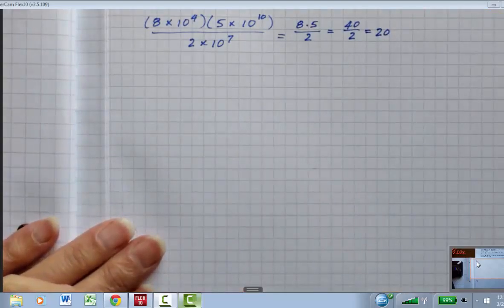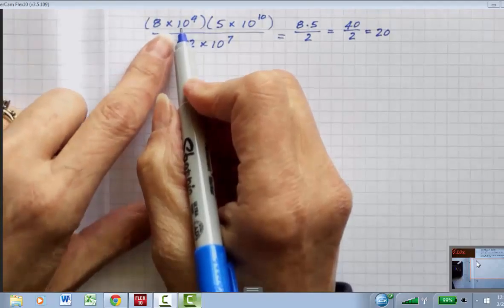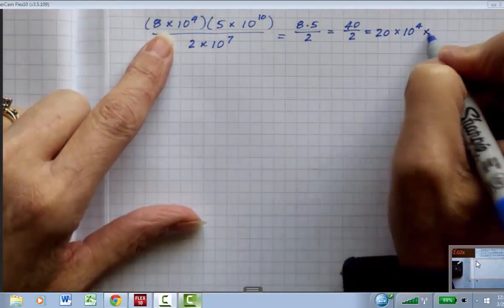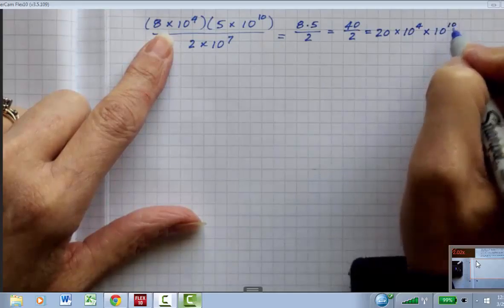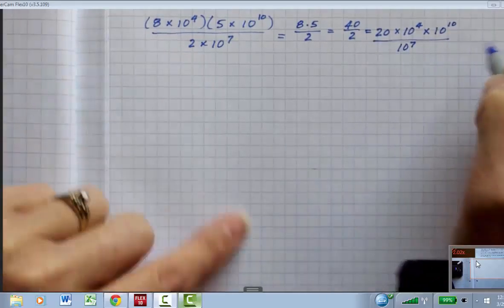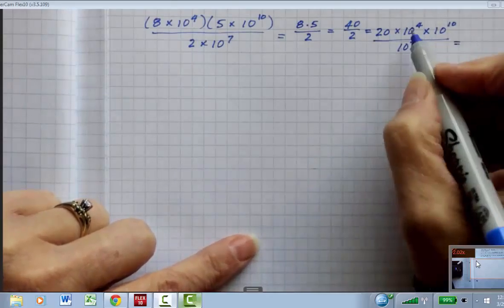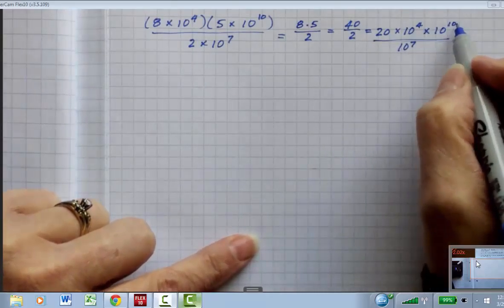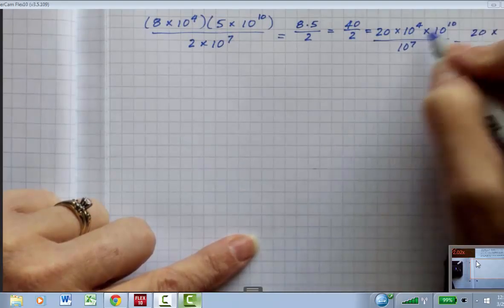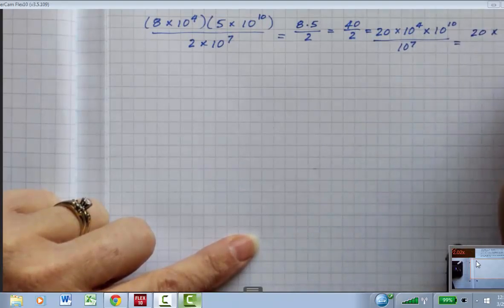The next thing I'm going to do is look at my powers of 10. So in the numerator, I have times 10 to the 4th, times 10 to the 10th. In the denominator, I have 10 to the 7th. So in the numerator, I can combine my powers of 10 by adding my exponents. So I end up with 20 times 10 to the 4 plus 10, all over 10 to the 7th.